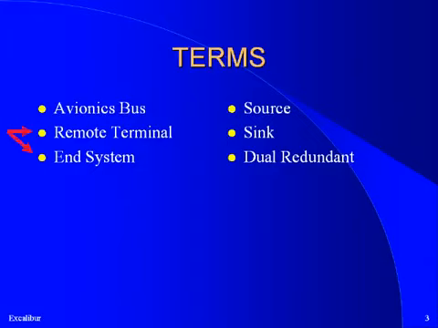We will give examples of these soon. A source is a remote terminal with data to transmit. A sink is a remote terminal that needs to receive data. Dual redundancy is the use of backup systems so that if part of the communication system fails, the data will get through via the backup route.